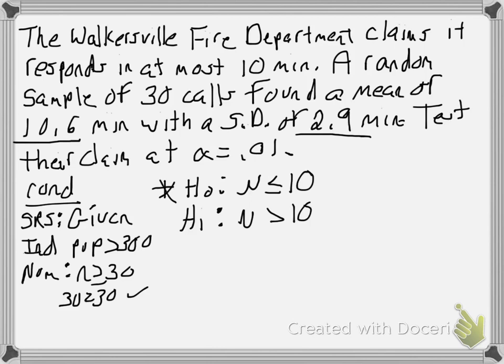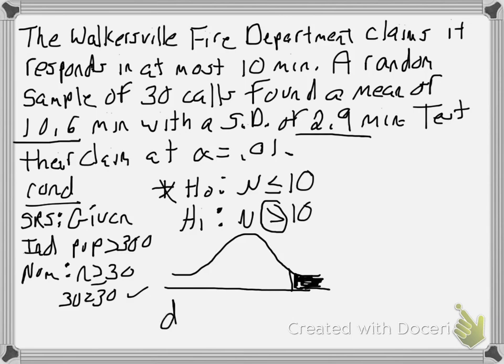Okay. Now, this is a one-tailed test, always based on H1. H1 says greater than, so this is greater than. Please do not, because the claim is on H0, do not assume that you test based on H0. It's always on H1.